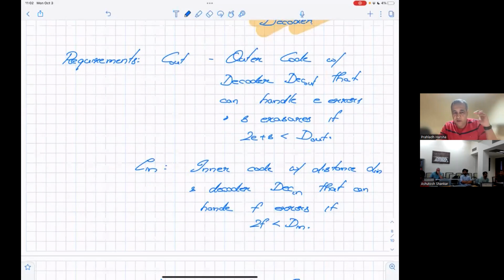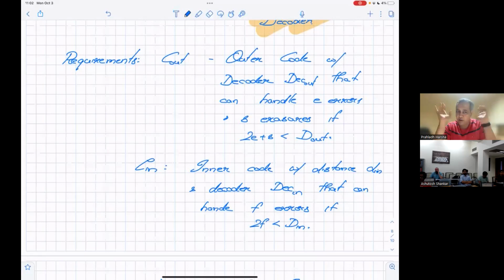Forney is going to give such a decoder in which the outer code comes with a decoder that can handle both erasures and errors up to the distance. Basically, as long as twice the number of errors plus the number of erasures is less than D out, the decoder can handle it.